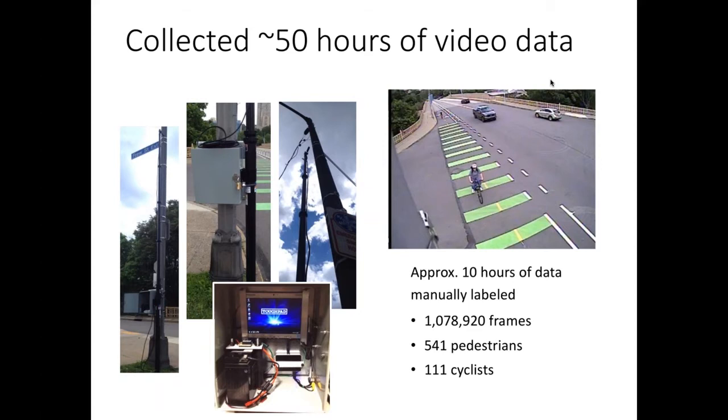Oftentimes the traffic engineers that put the cameras up don't have a lot of control over the compression that's done on the video. Compression often ends up being a trade-off with image quality.